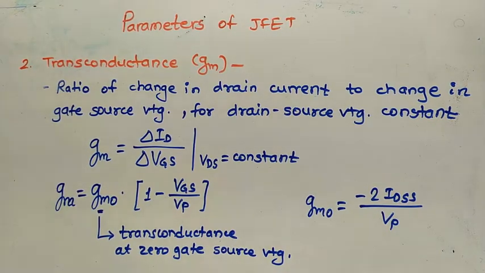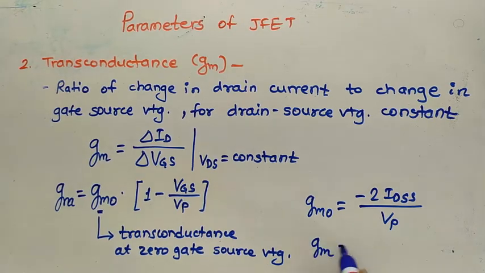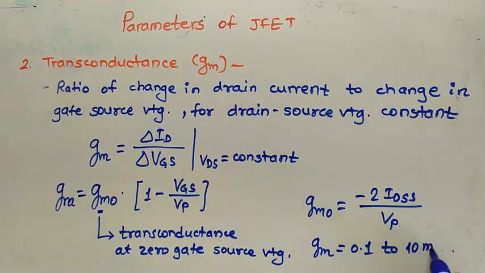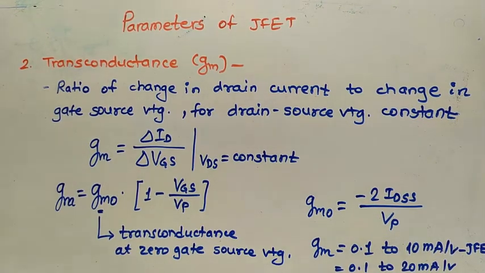And the typical values of g_m vary between 0.1 to 10 milliampere per volt for JFET, and for MOSFET it varies between 0.1 to 20 milliampere per volt. These are the typical ranges of values for transconductance.